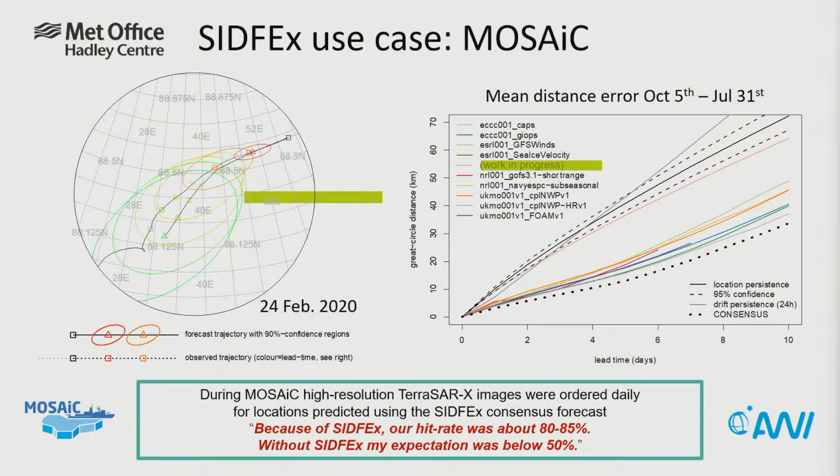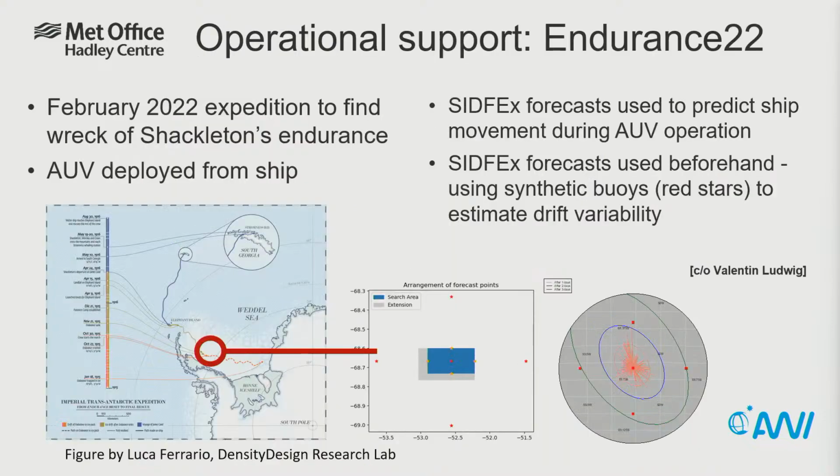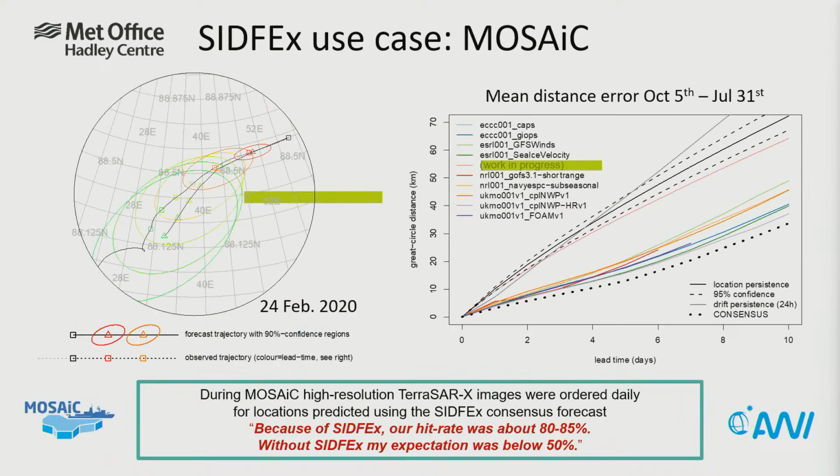And here's an example on the next slide. Sorry about the green, I'm not sure where that came from. But this on the left is an example forecast. It's showing the trajectory of the ship compared to the forecast.